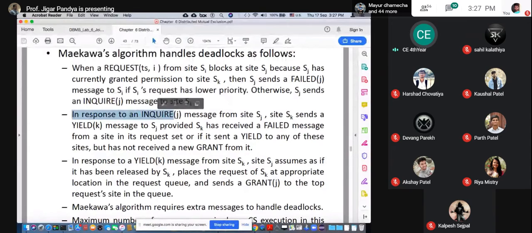In response to an inquire message from site J, site K will send another type of message called yield. Those who have traveled internationally, or studied for a driving license, may know the yield. What does yield mean?